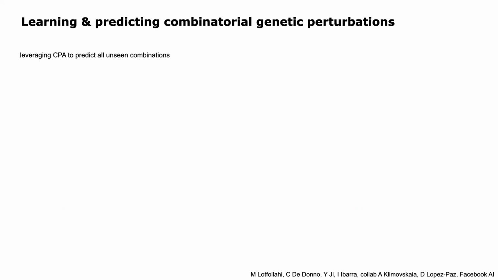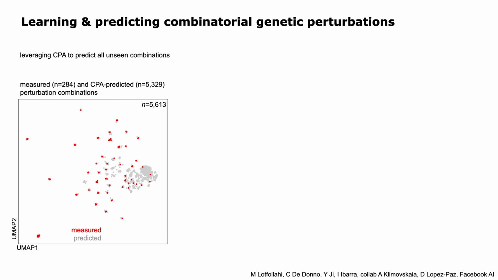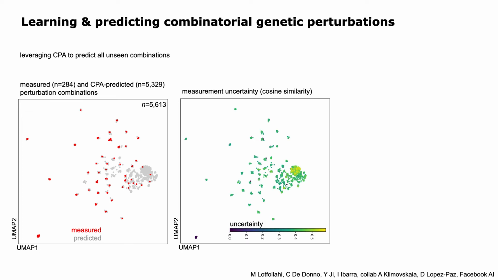And finally, and most importantly, we imputed and predicted all the missing combinations for this specific data set. Here you can see the perturbation latent space from measured and predicted ones. We imputed 5,613 missing double knockouts, and we generated single cells for them, providing an uncertainty.